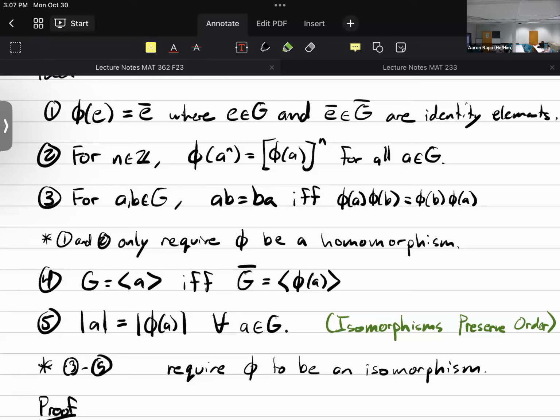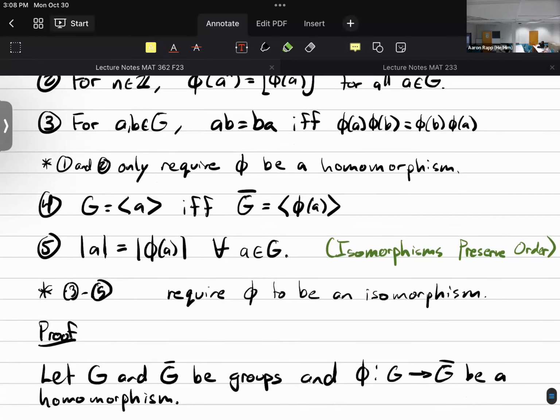Third one, if 2 elements commute in the first group, then their images should also commute. Because isomorphisms are supposed to preserve structure, I would expect that structure to also hold in the second group.